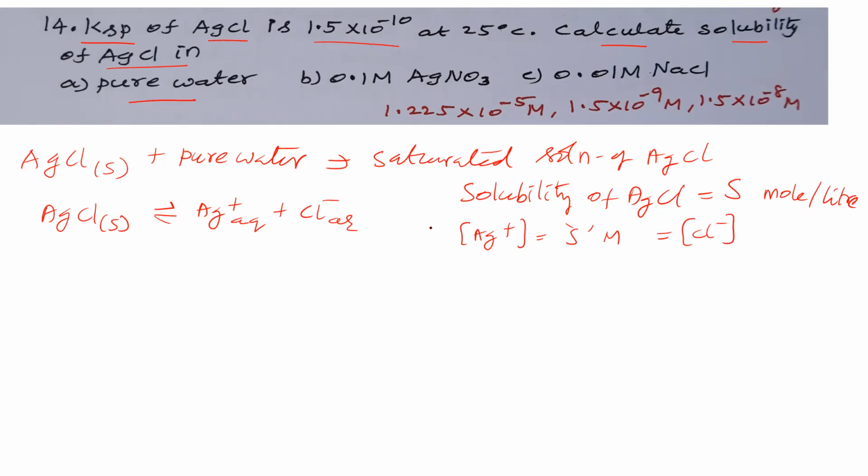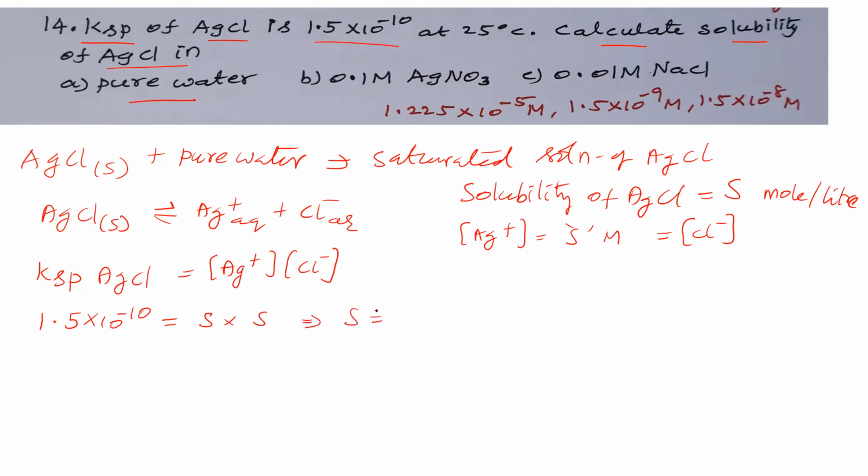Now the equilibrium constant for this is Ksp. Ksp of AgCl is equal to the concentration of Ag plus times the concentration of Cl minus, the right side thing in the numerator. The left side goes in the denominator, but AgCl solid is constant, its active mass is 1, so we need not take it. Now we substitute Ksp of AgCl, 1.5 into 10 to the power of minus 10, with the concentrations of Ag plus and Cl minus both S molar.